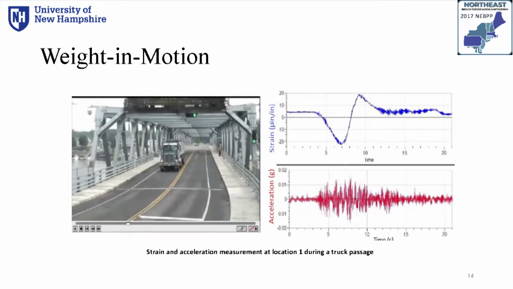This information can be used, for example, the strain data to assess the remaining service life of the structure, and the acceleration response shows a significant impact from the moving loads, and can be used to extract global parameters like natural frequencies and mode shapes, and for future condition assessment of the bridge.